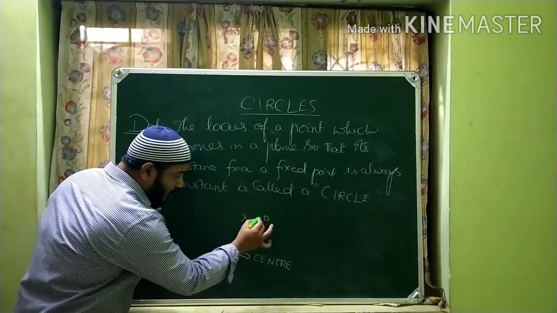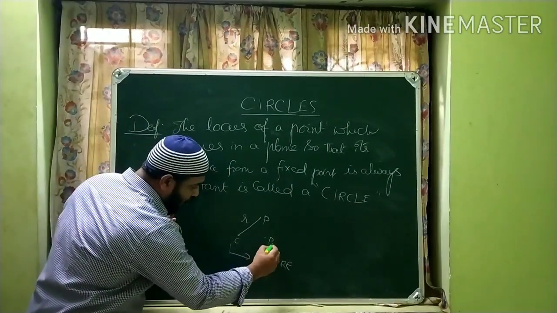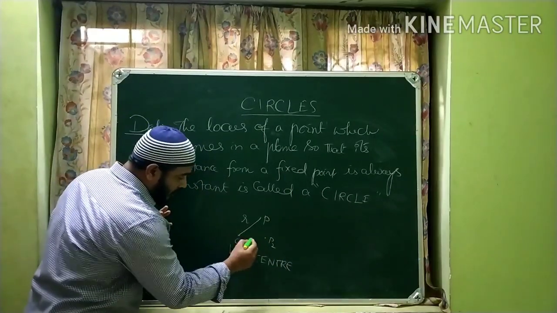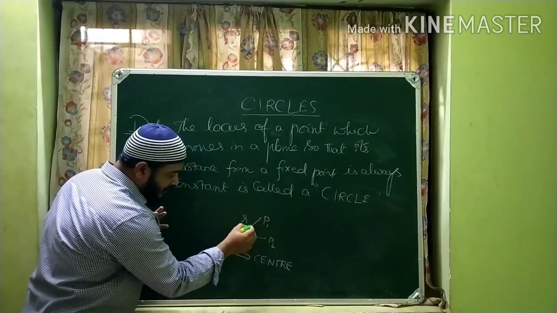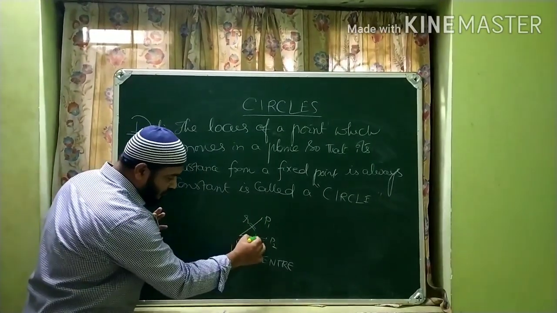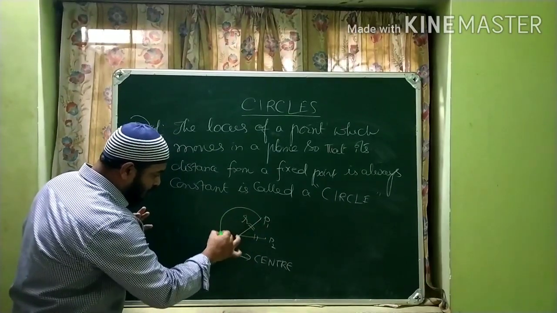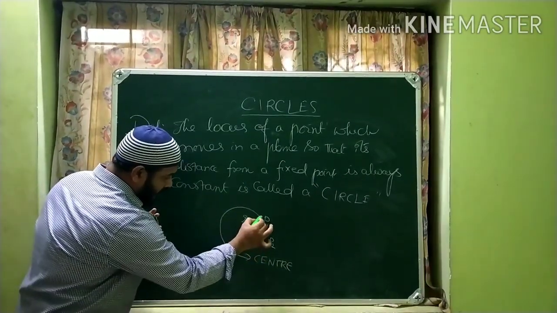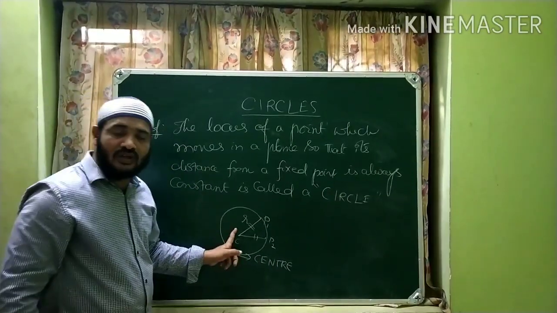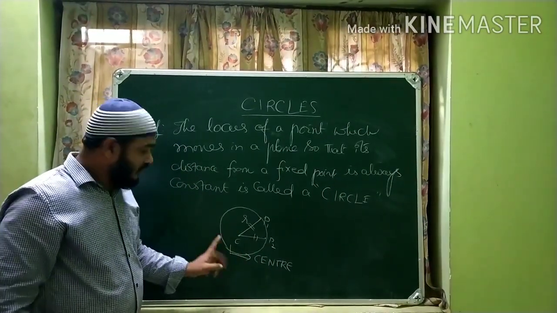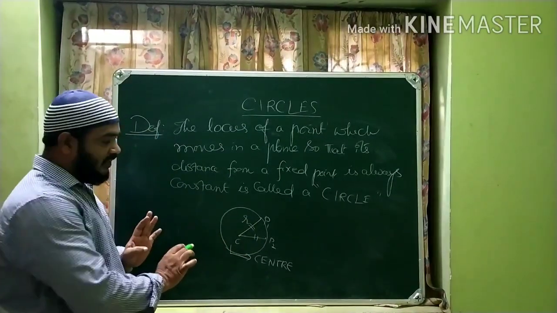So the locus of all such points. For example, if you take point P2 here and join this, whatever C P1 is, this is of the same distance. Likewise, if you collect all those points and join, the figure so formed is called a circle. So this is the definition of a circle.